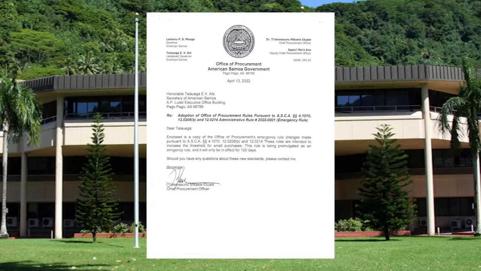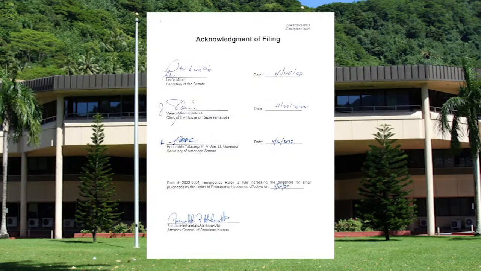Pursuant to the American Samoa Code Annotated Section 41010, this rule will be in effect for 120 days unless it is amended. The Office of Procurement amends Section 100214 of the American Samoa Code Annotated as follows. Duties of the Attorney General.